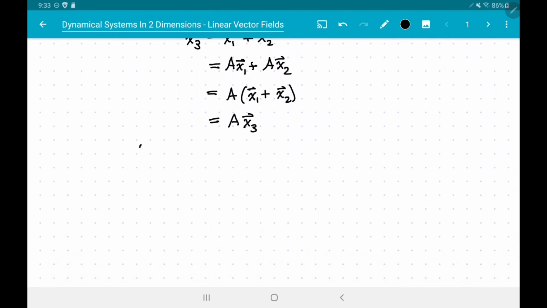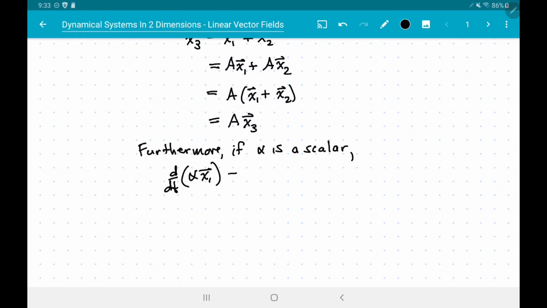And furthermore, if alpha is a scalar, which for our purposes is going to mean a real number here, well, let me write it with Leibniz notation.